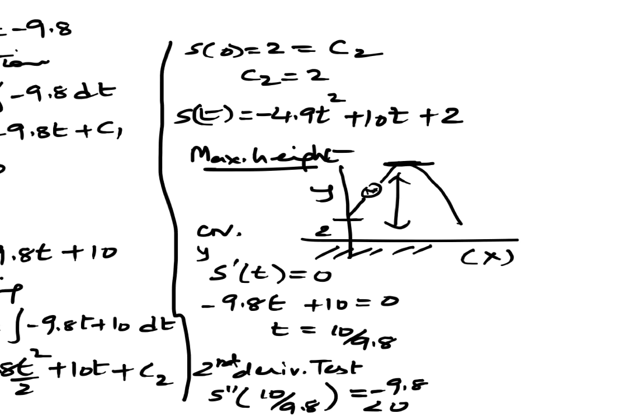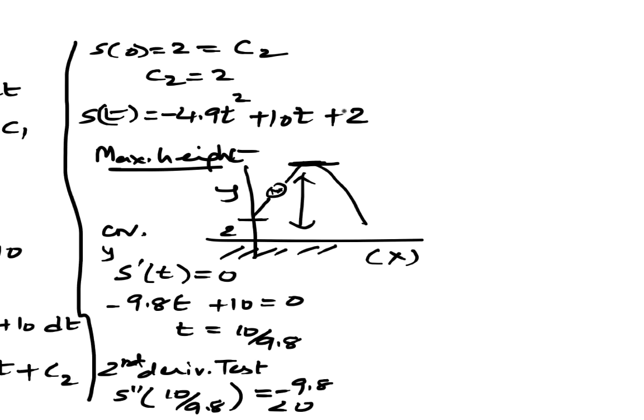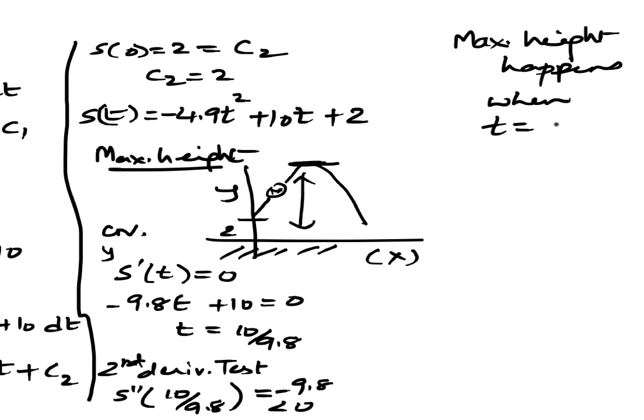So what we see here is that the maximum height happens when t is 10 over 9.8. Now the question is, find the maximum height. So what is the maximum height?